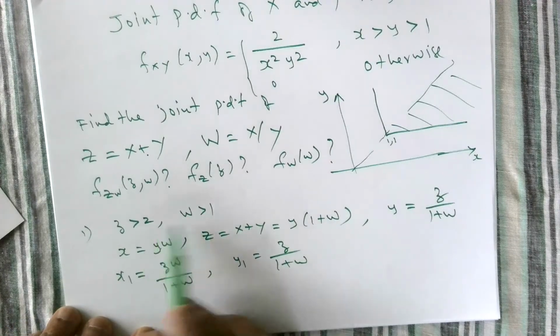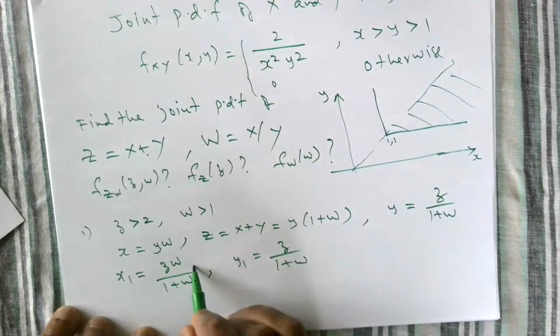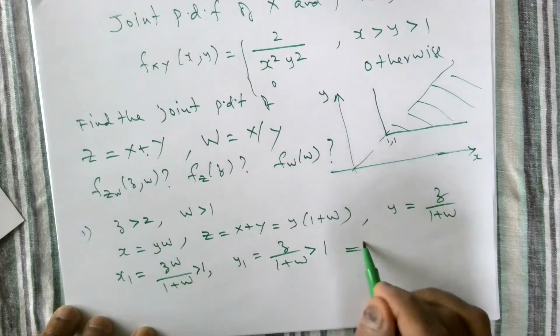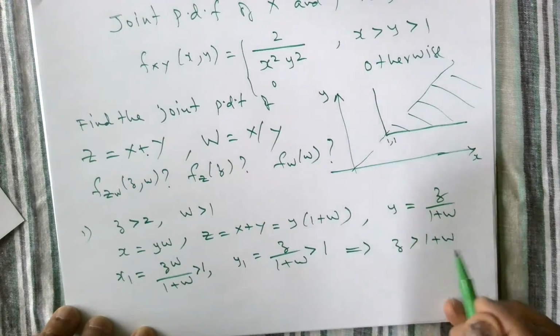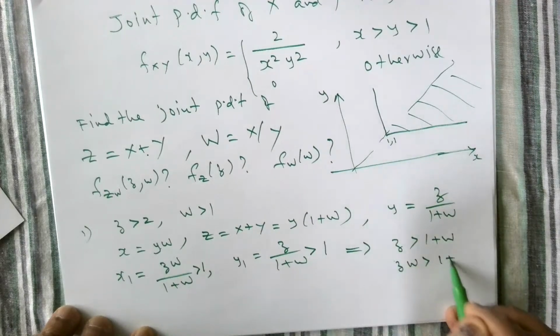Now, remember, we have these conditions, but you can see there are also some other conditions because look here, x is greater than 1. So we know that this is another, and same thing here. So we also get z is greater than 1 plus w, and also from here zw is greater than 1 plus w.